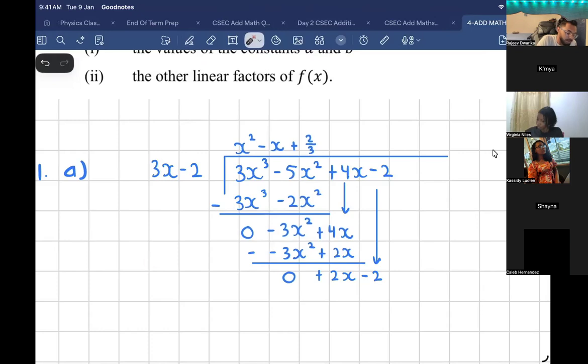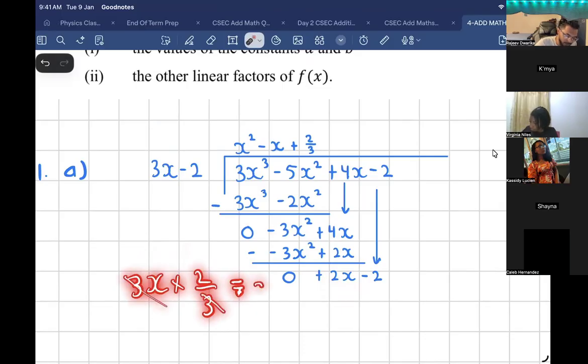Alright, so Sheena, what would 3 by 2 thirds give you? 2. And I get back 2x. So if I multiply 3x by 2 over 3, what would I get back? 2x.